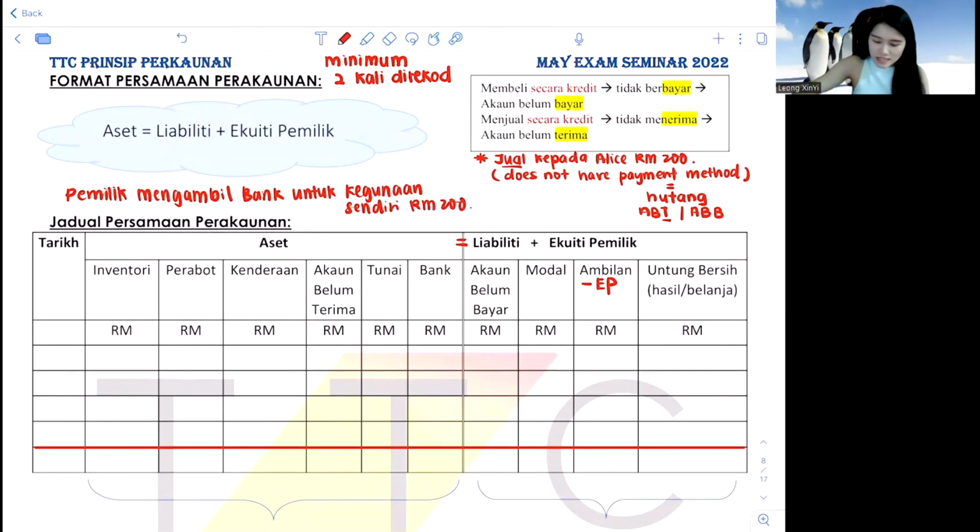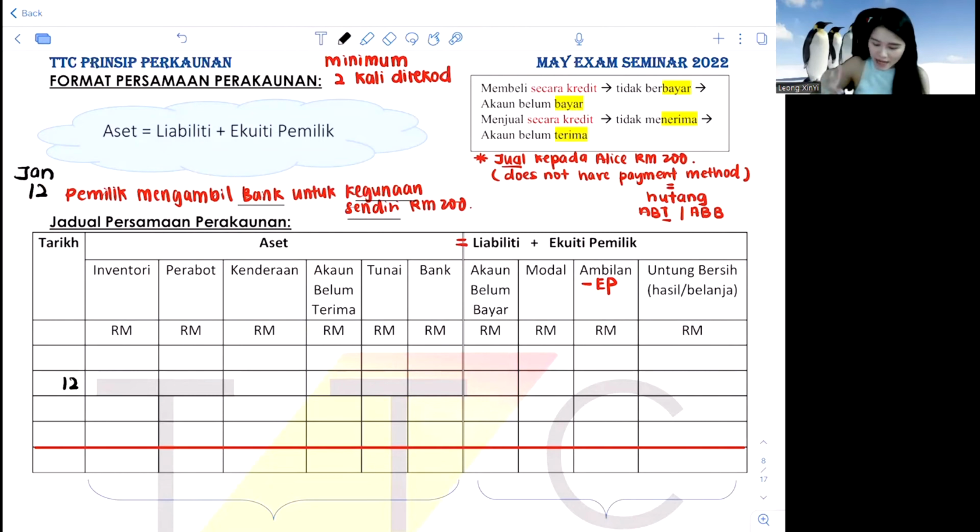How are we going to record? Number 1, we will look at the key points, bank and also kegunaan sendiri. Let's assume that we have already other things inside, but this one here is on the 12th of January. So I put it somewhere, maybe here, 12th.